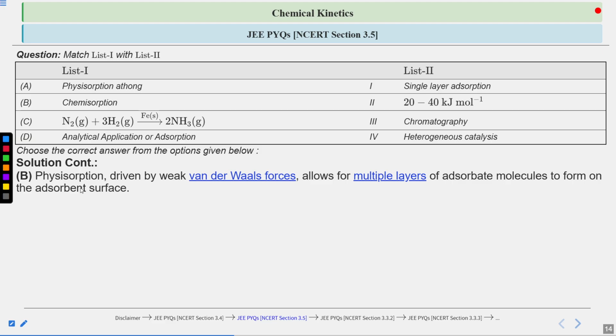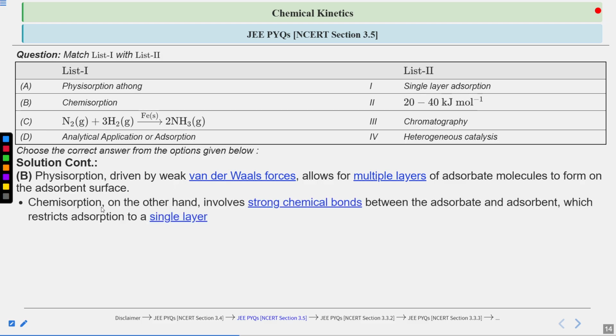In physisorption, weak van der Waals forces are present, which allow multiple layers of adsorbate molecules to form over which the adsorbate is going to adsorb.